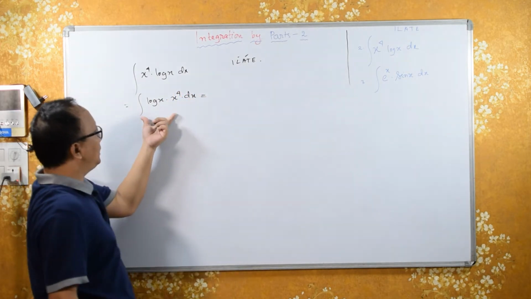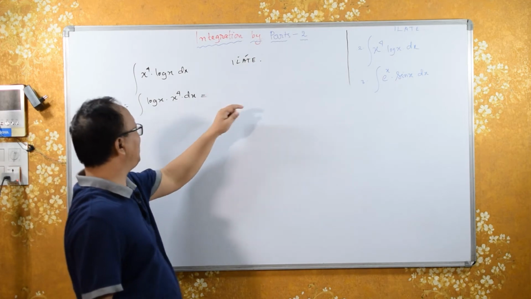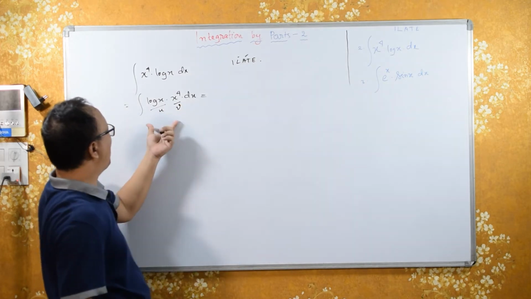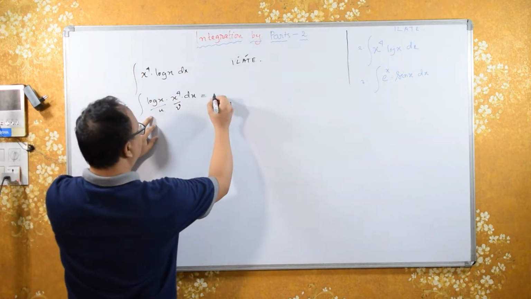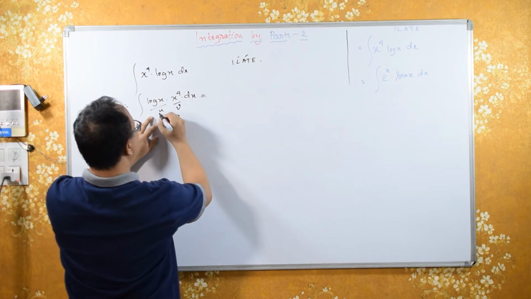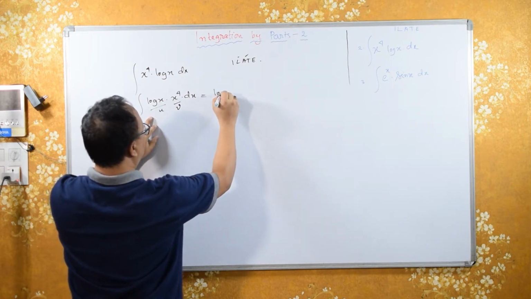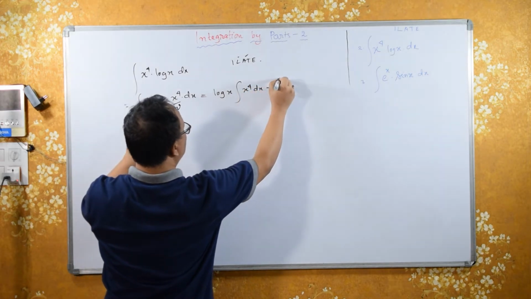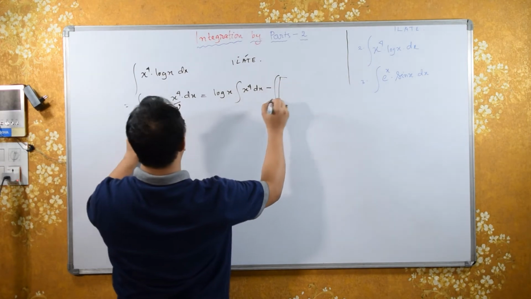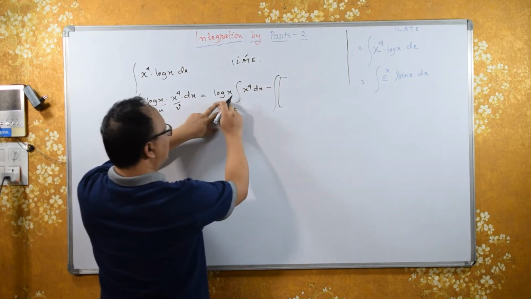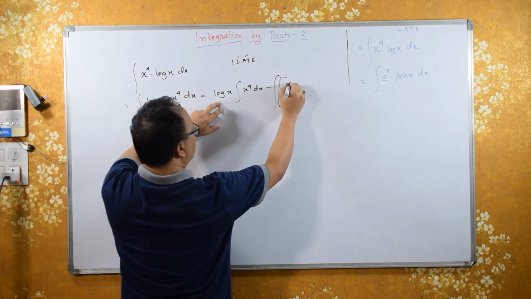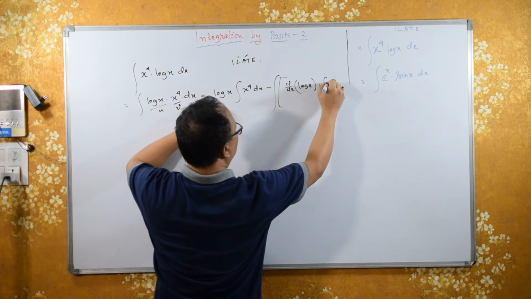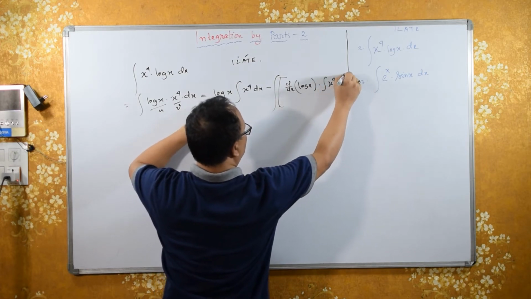Okay. After this, we have to apply the u into v rule. So let's consider this is u and this is v. Now this is the same as log of x, integral of x raised to 4 dx, minus integral d by dx of the first function. d by dx of the first function means d by dx of log x, into the integral of x4 dx.